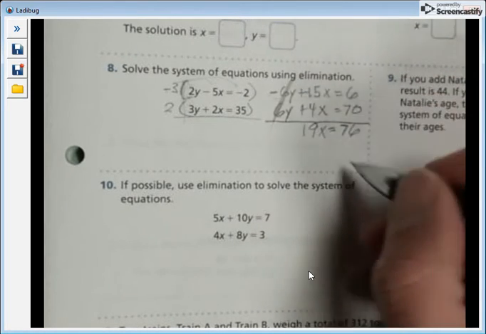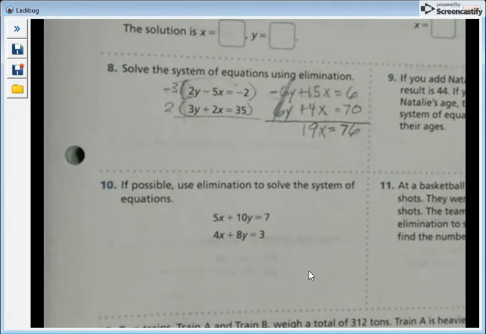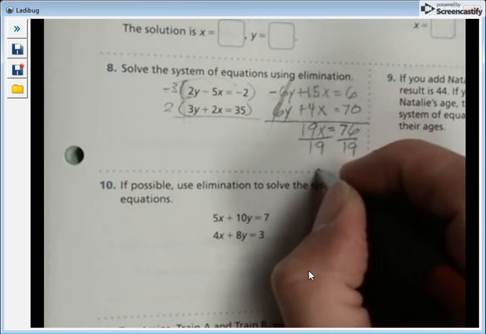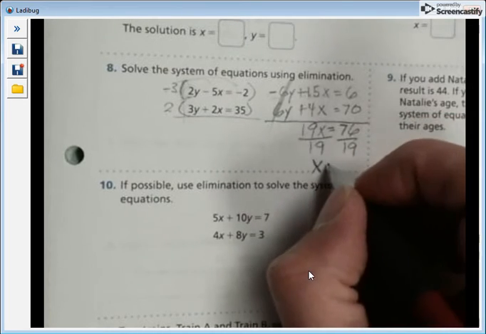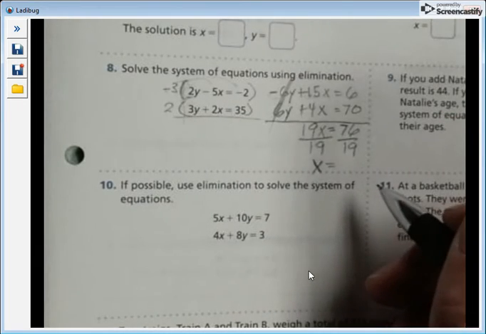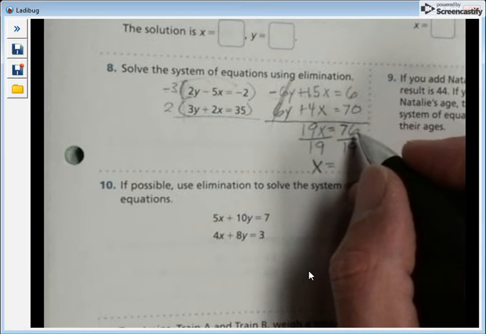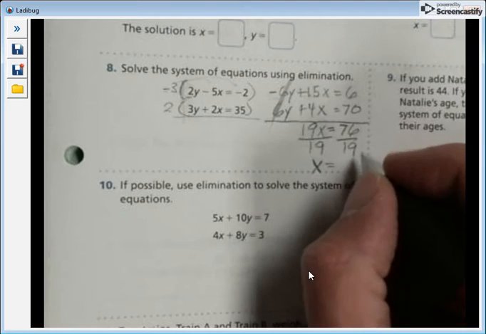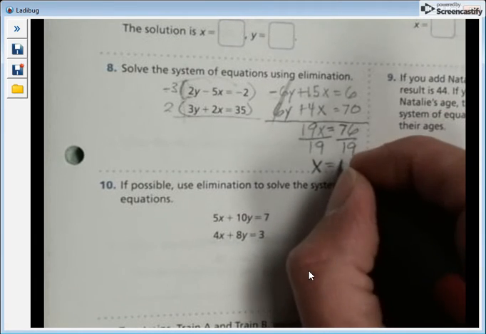A +6 and a +70 comes together to make a 76. And then you divide by the 19. So x equals, and 76 divided by 19, what do we get? 3, 4, 4, that would do it, yeah, 4.